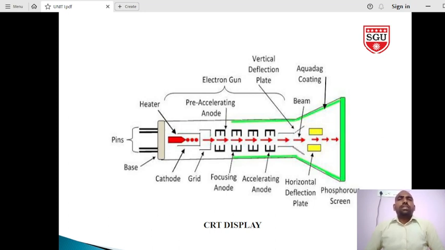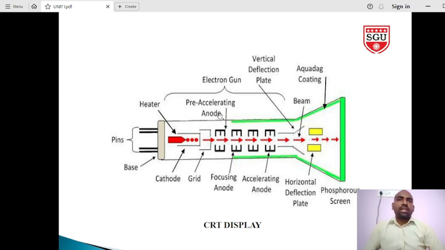If you look at the image, you will easily understand. First are the pins, which connect to our power source. Next is the heater, then the cathode, and the second stage is the grid. From the cathode, grid, focusing anode, and accelerating anode, this is called the electron gun.